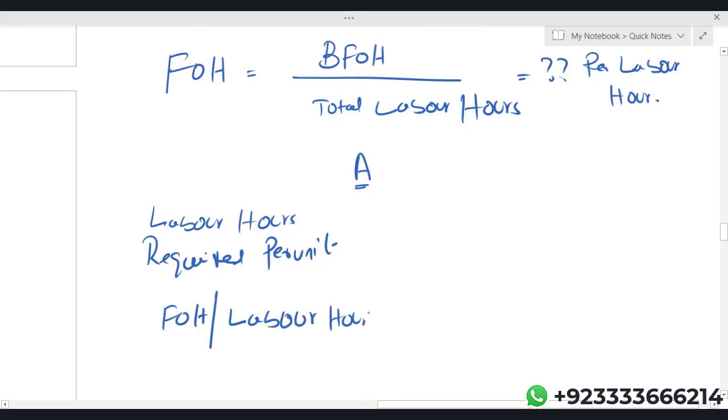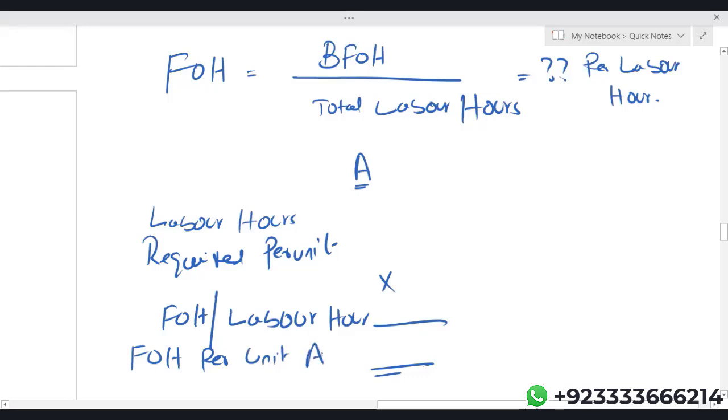So simply we'll multiply both of the values and you will get FOH per unit of product A.